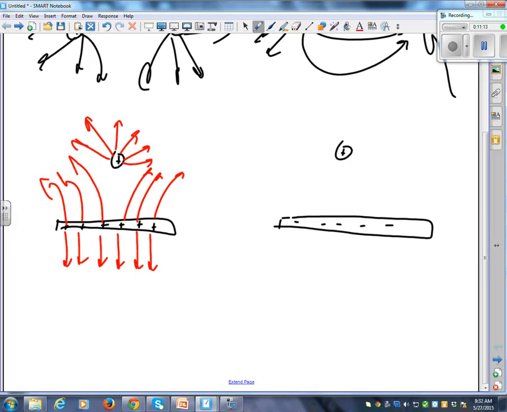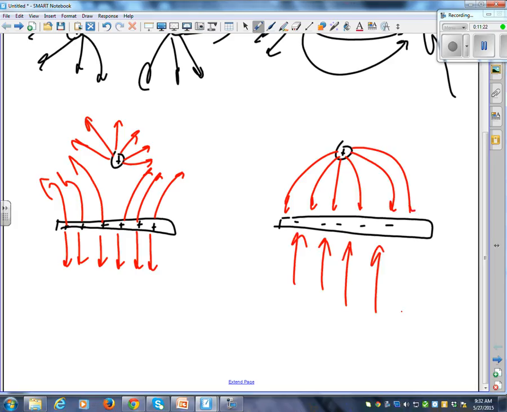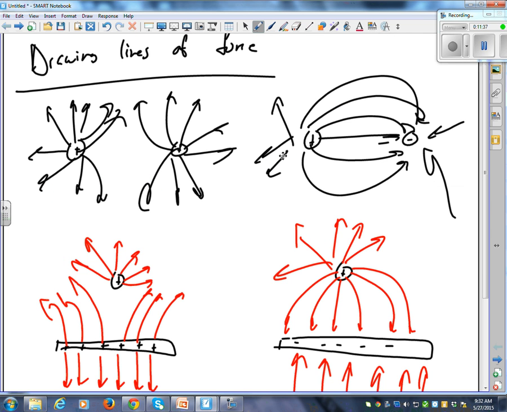So it's going to be towards negative, right? Towards negative. Don't forget up here too. Away.